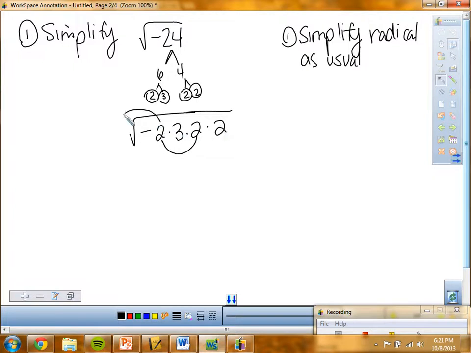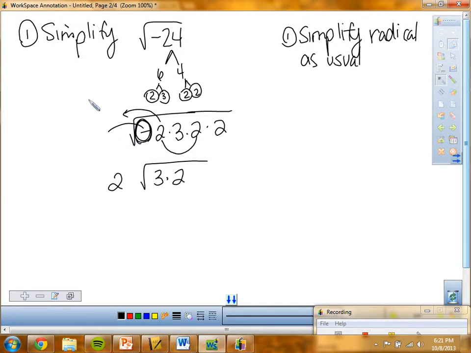So I'm going to pull out my 2 in front, and then inside I have my 3 times 2, and I have this imaginary. When I have this negative, I'm going to pull it out, because I know that it's a problem inside, so by getting rid of it, I get rid of the problem.